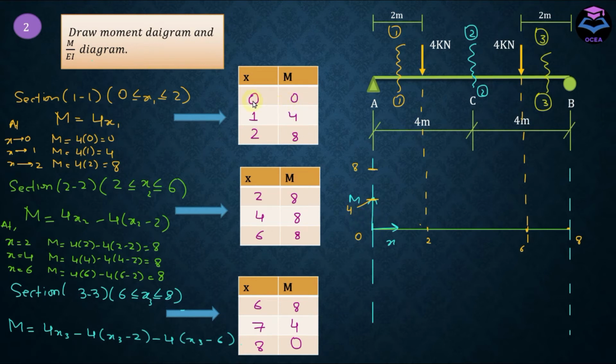So at x equals 0, M is equal to 0. And at x equals 1, so 1 would be somewhere here, and we have M equals 4. And at x equals 2, we have moment value equals 8.